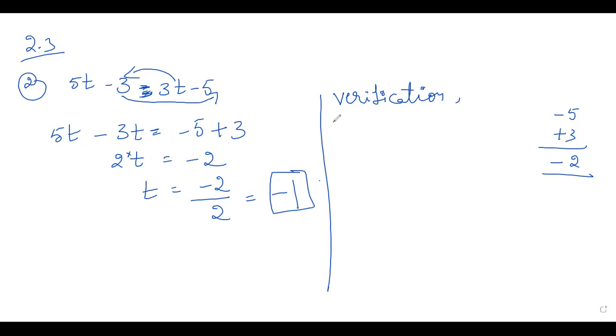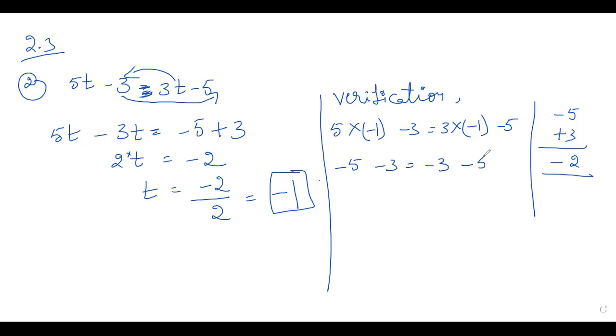That is 5 into t, which is minus 1, minus 3 is equal to 3 into t, which is minus 1, minus 5. 5 into minus 1 is minus 5, minus 3, is equal to 3 into minus 1 is minus 3, minus 5.